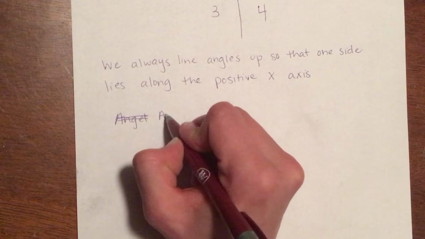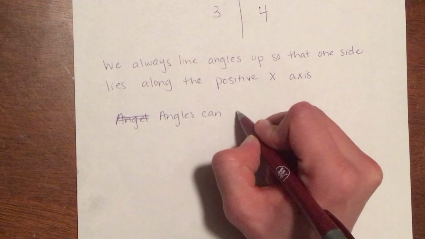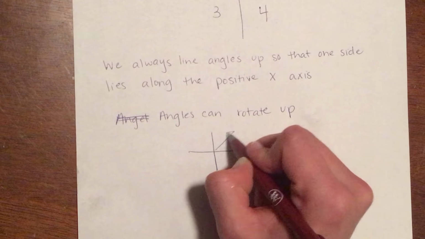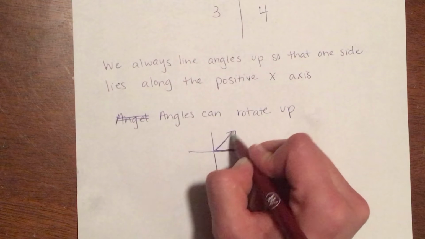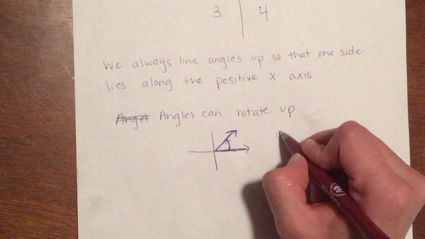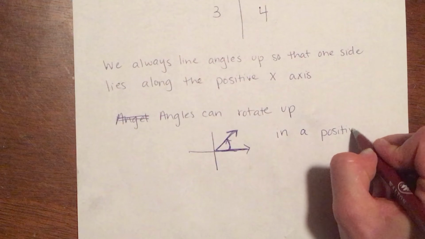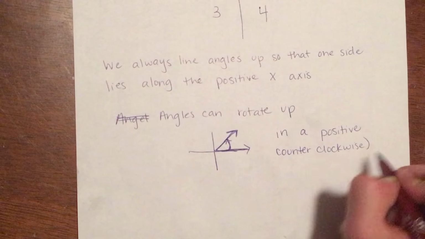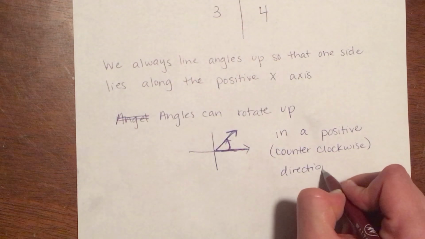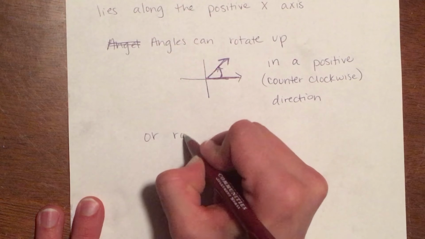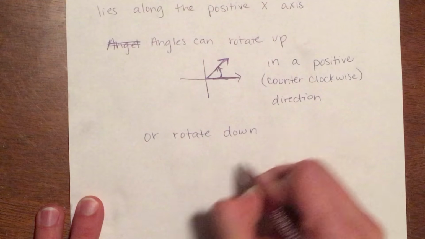Angles can rotate up. So it starts here and then this second section rotates up in a positive, counterclockwise direction, or it can rotate down in a negative clockwise direction, or rotate down.